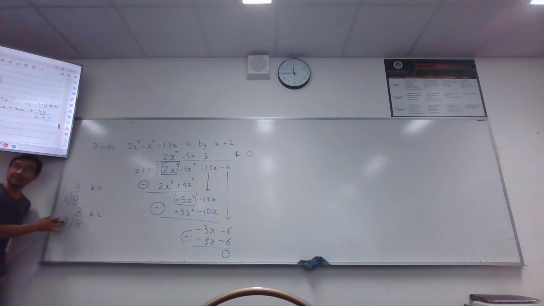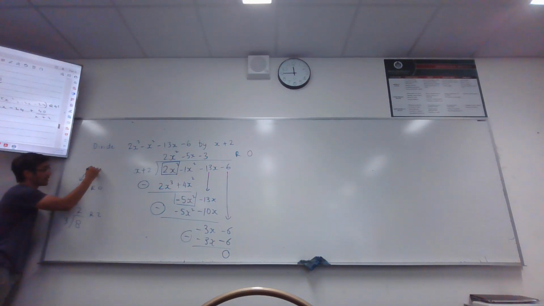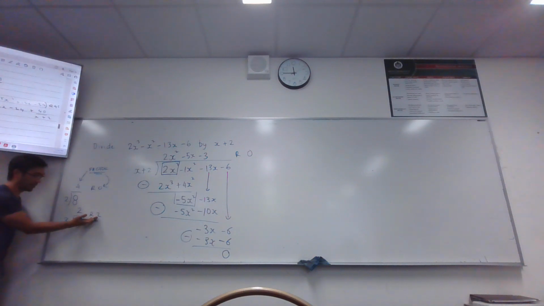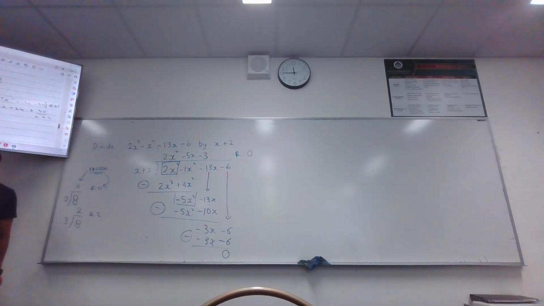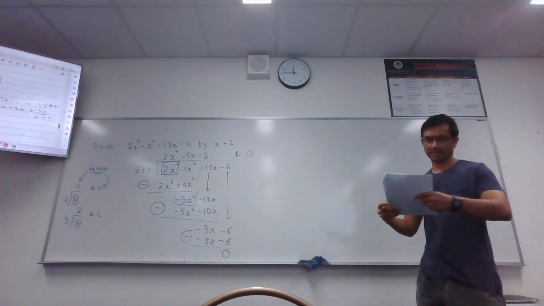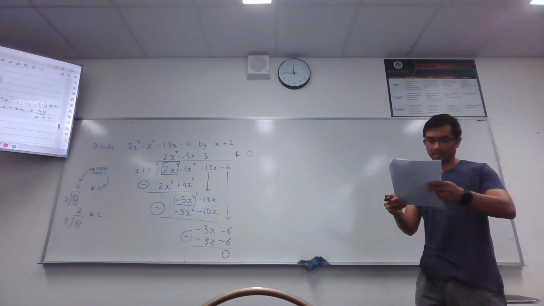It doesn't fit exactly. 2 is a factor simply because there's no remainder. Factors relate to a 0. If there is a remainder, it's not a factor. Hopefully I didn't confuse you too much with that.